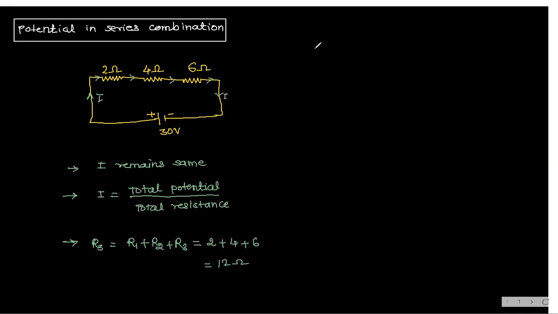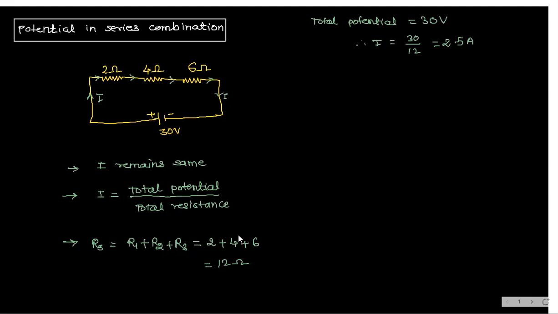Now the total supplied potential is how much? Listen carefully, total potential is 30 volt. Therefore, current I is equal to 30 divided by 12, which is 2.5.